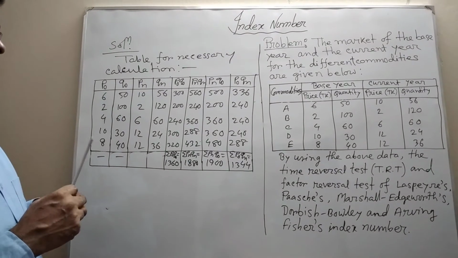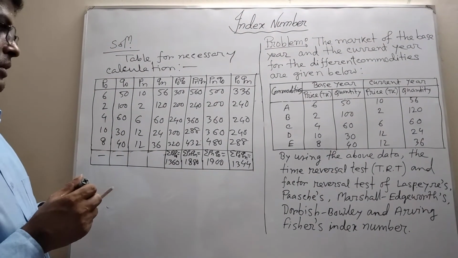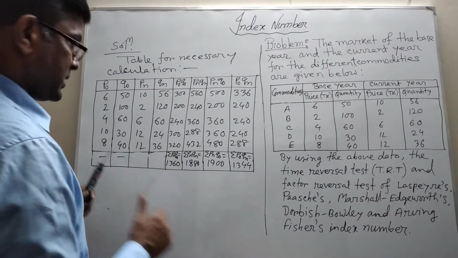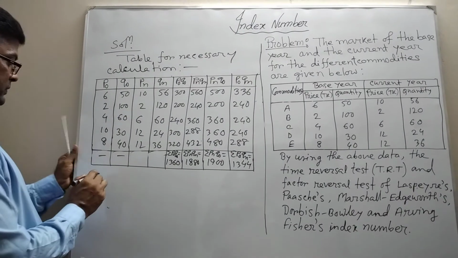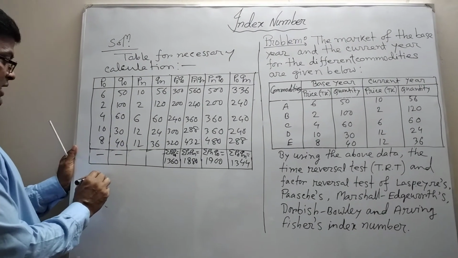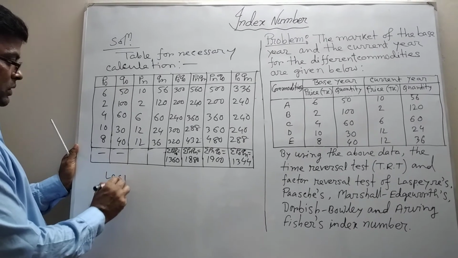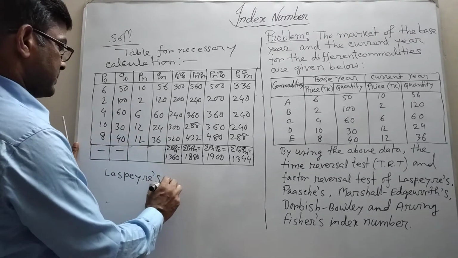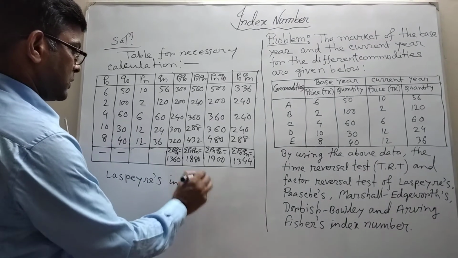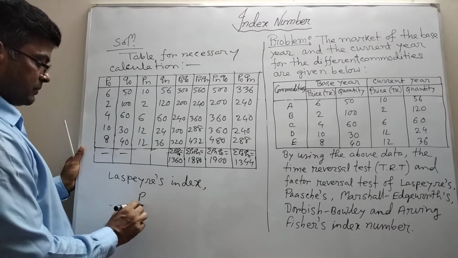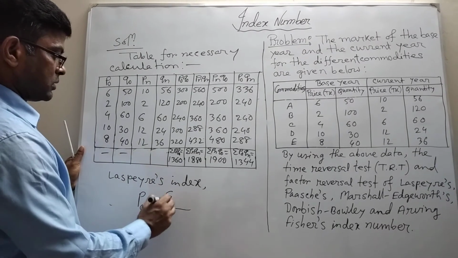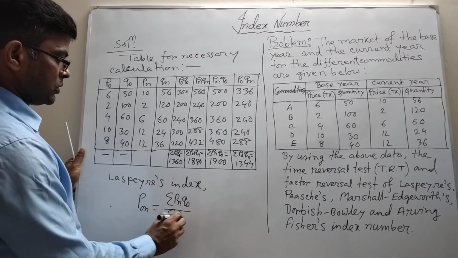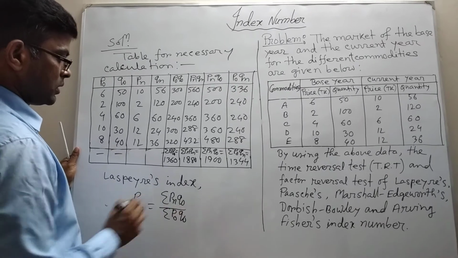Now at first we can calculate the time reversal test of Laspeyres index number. Laspeyres index P01 equals summation P1Q0 by summation P0Q0.